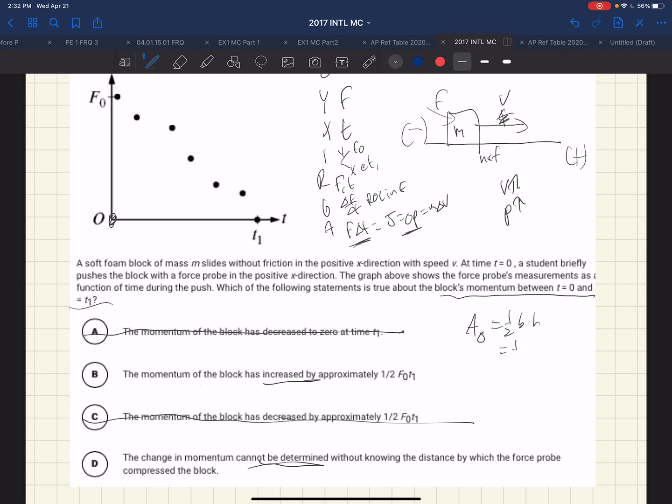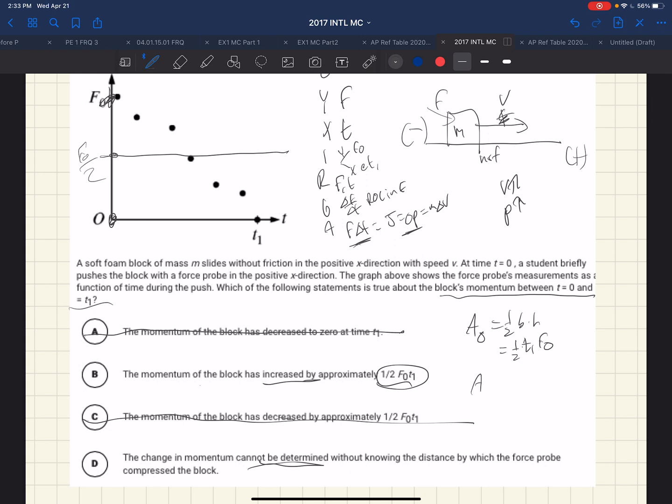That is 1/2 T1 times the height, which is F0. So that looks like this.